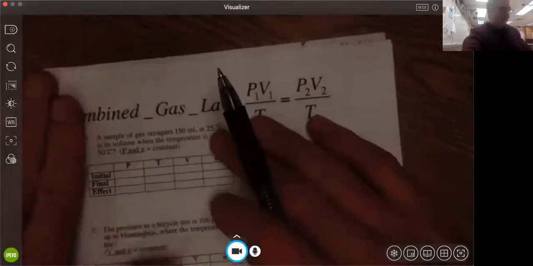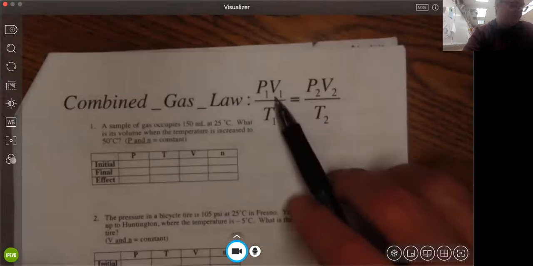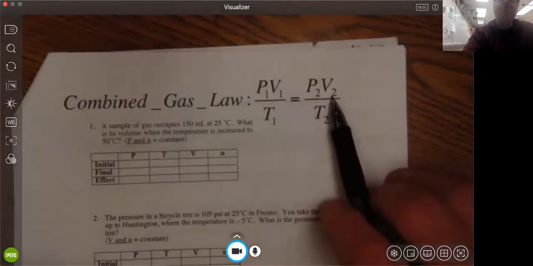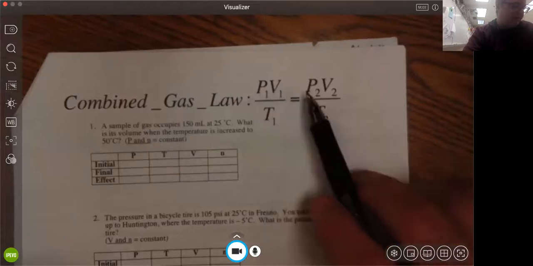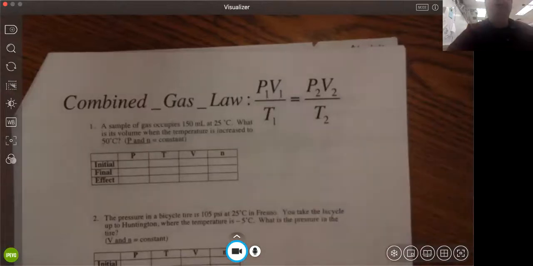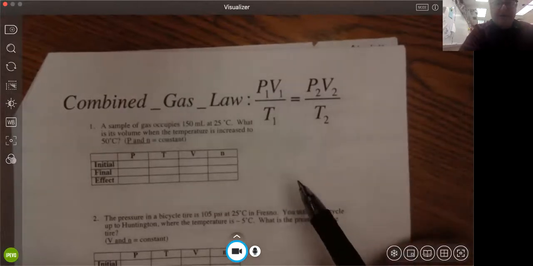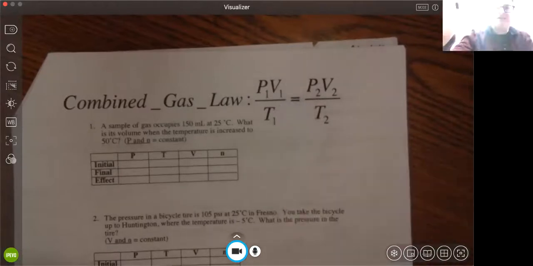So scientists then take P1V1 equals P2V2 and add that to either P over T or V over T equals P over T or V over T into one big law known as the combined gas law. So in science, you'll find that we need to do a lot of rearrangements.